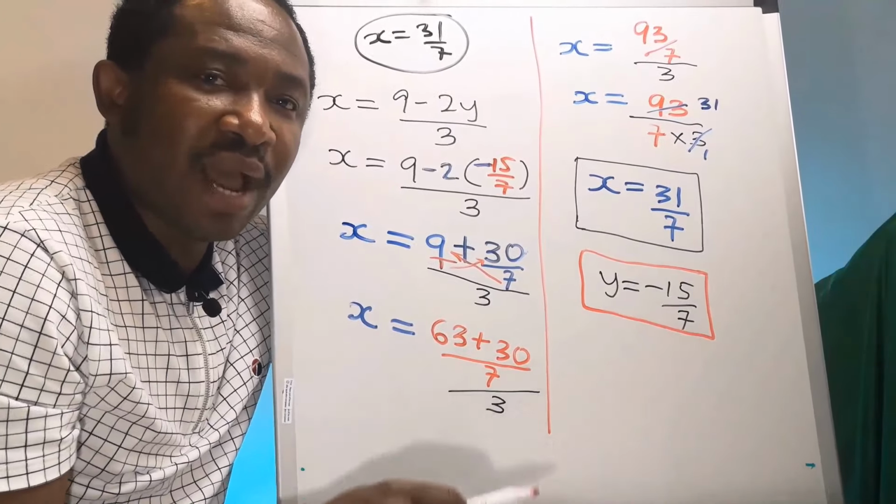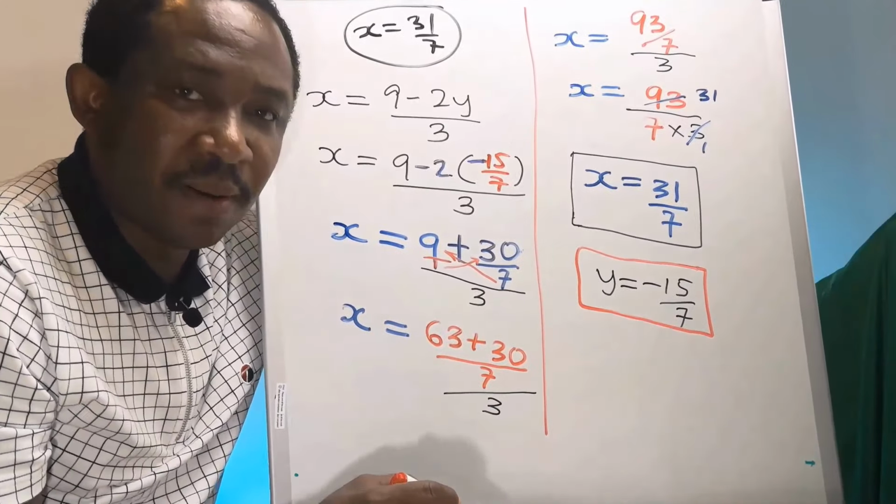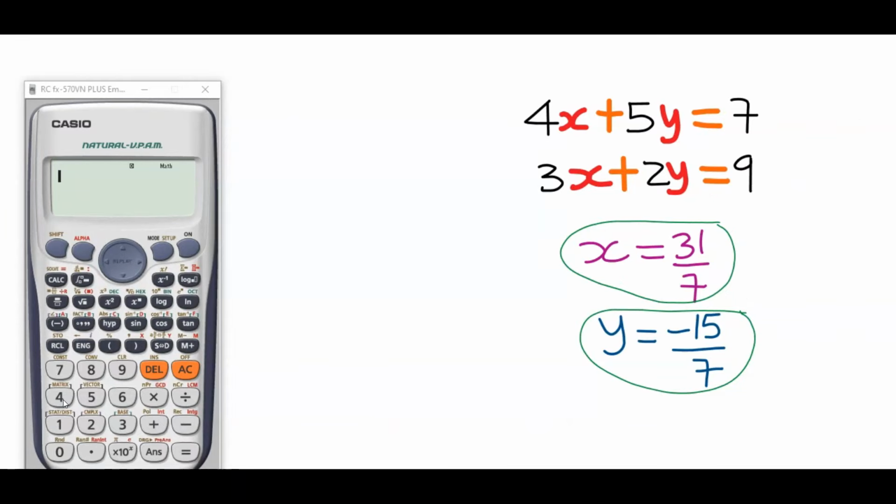And we have that y is minus 15 over 7. To test for accuracy, from equation 1, we have 4x plus 5y.